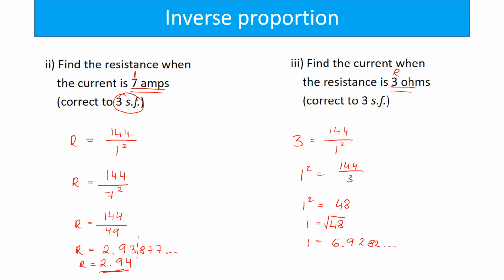Again, the answer needs to be given to 3 significant figures. So 6 is the first significant figure, 9 is the second, 2 is the third. I need to look at the next digit, which is 8, and because it's more than 5, I need to round 2 up. So that is 6.93, and that's the final answer.